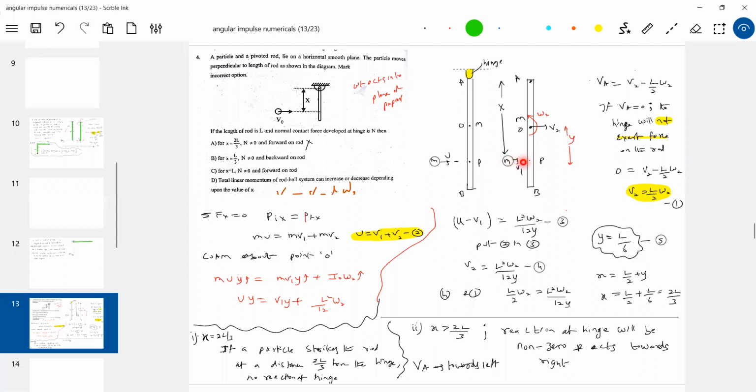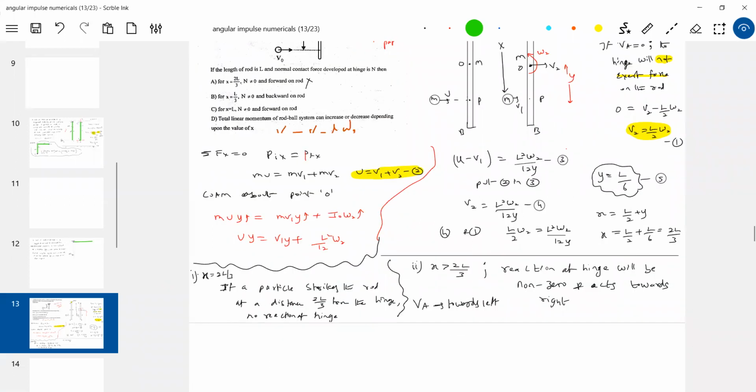Therefore, this particle should strike at such a point where the reaction should be zero, but still it should be suspended. We need all this in machines, in cars, in bikes. Though I suspend it, there should not be a reaction at the hinge. There's a method I'll follow.